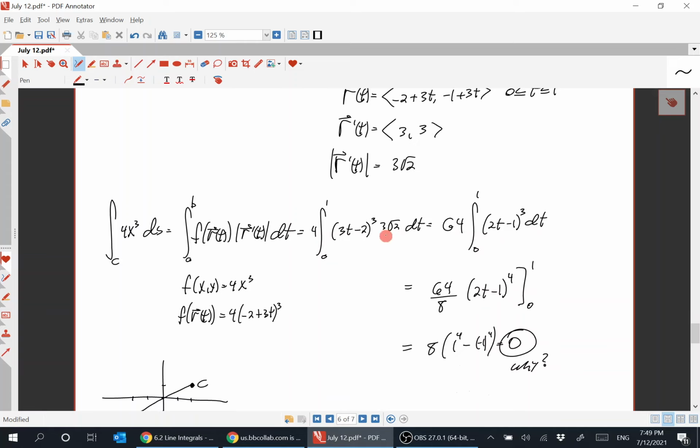Okay, nothing to factor out there. So it's just 12 root 2, and then there's nothing to factor out there, so it's still just (3t minus 2) to the third dt. All right, so now antiderivative.